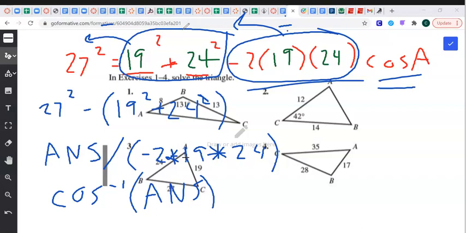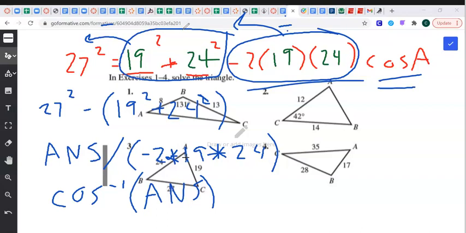Now I will say this: if you do a question like number 2, or even number 1, you will not be doing these 3 steps, because in question number 1 we have 2 sides and the angle in between. So we will have a variable on the left side of the equal sign.